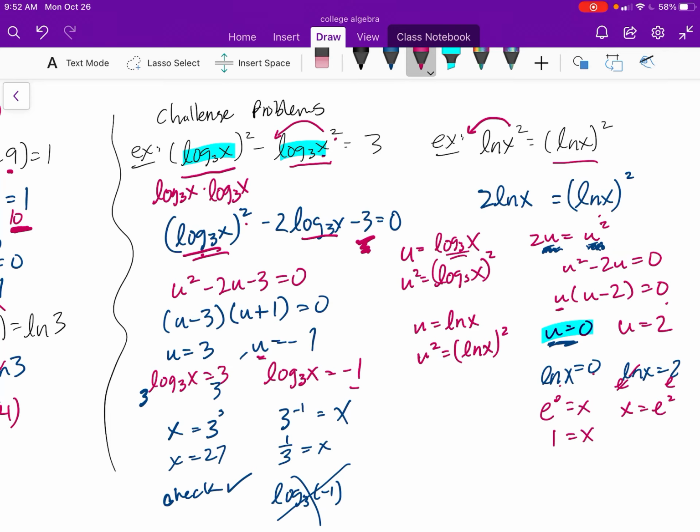E squared, I would need a calculator. Oftentimes we'll just leave it like e squared. That's an exact answer. I'm good with that. If you plug it in a calculator, you get about 7.389. And again, looking at both of these values, if I plugged in 1, I would have positives up here that should work. If I plug in e squared, I'll have positives. That should also be good to go.